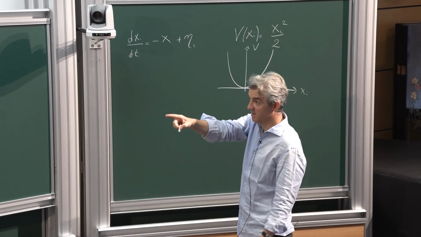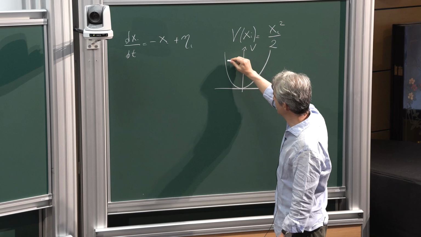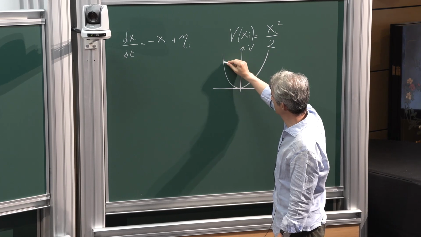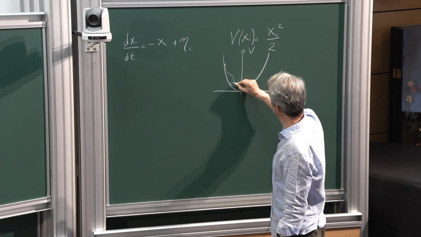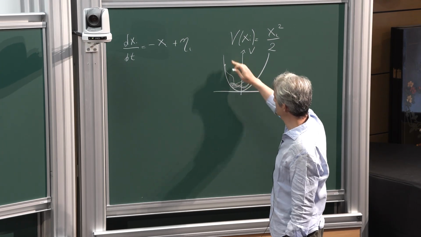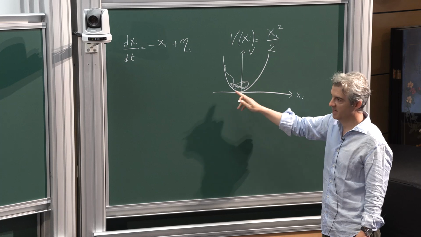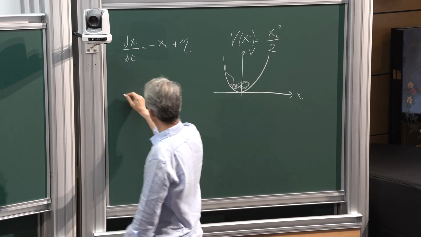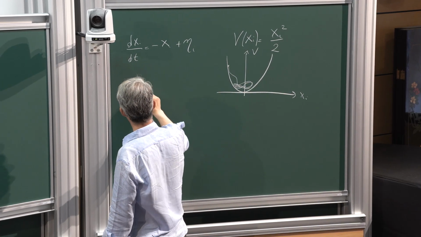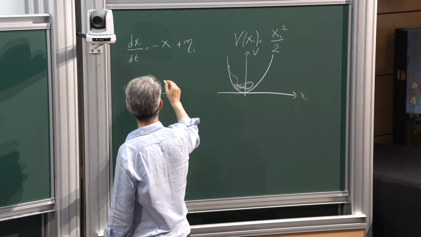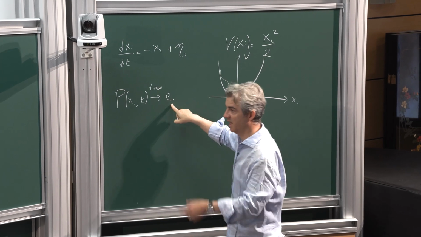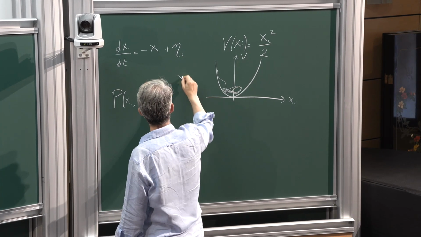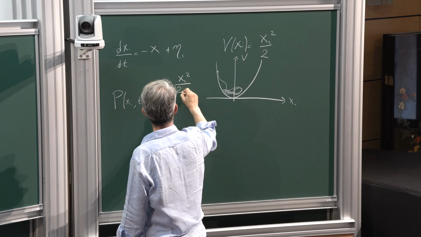So it means that I can start from wherever I want. The particle, let's say, starts from here at t equals 0, but then, while it moves subject to thermal noise in this well, at the end it equilibrates, which means that the probability P(x_i, t), when t goes to infinity, goes to exponential of minus V(x_i), which is minus x_i squared divided by 2.